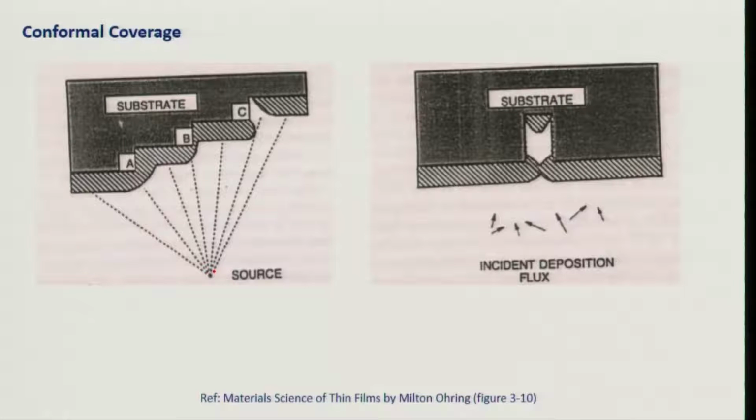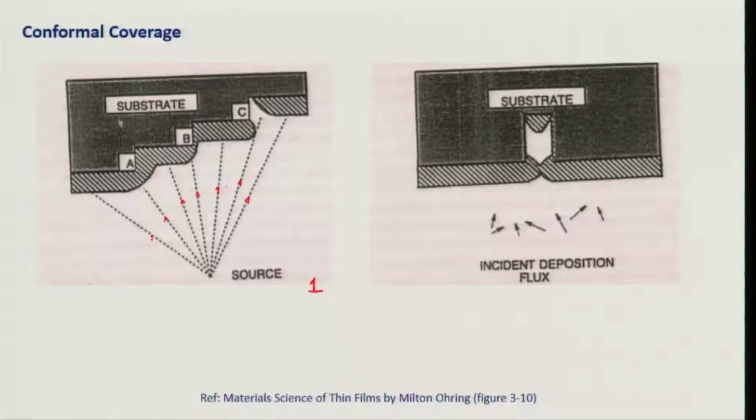Now, since it is a line of sight process, if you see in figure 1 here, we have a substrate which has some steps A, B, C and D. So, we have these steps. My source is a line of sight process, so it is going in all directions.